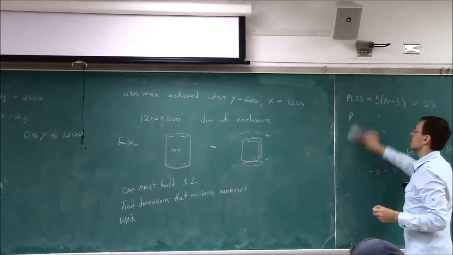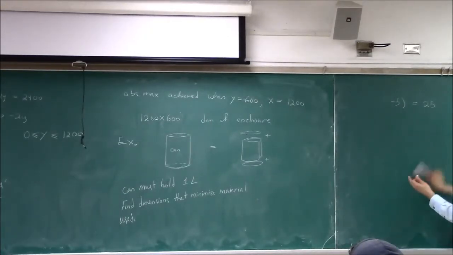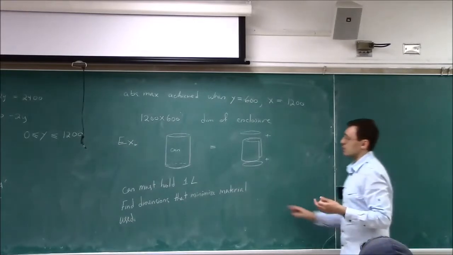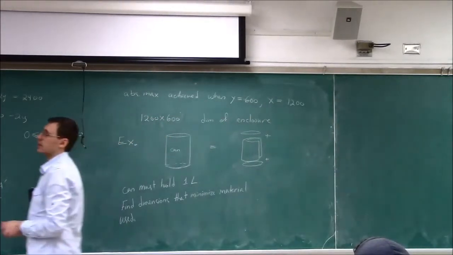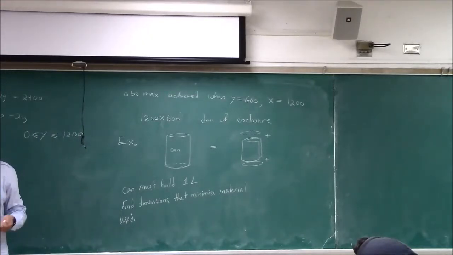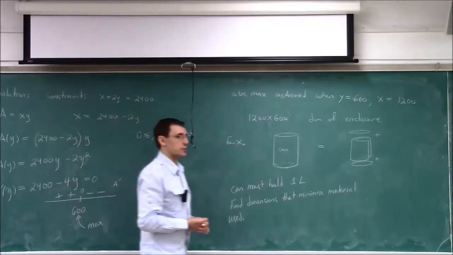Question makes sense, right? So you want to construct a can, it has to enclose 1 liter. Now you don't want to waste too much material in it. So material is proportional to surface area. So find the dimensions that make the amount of material minimal.